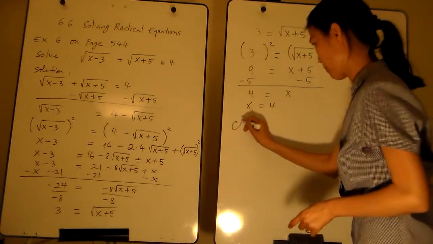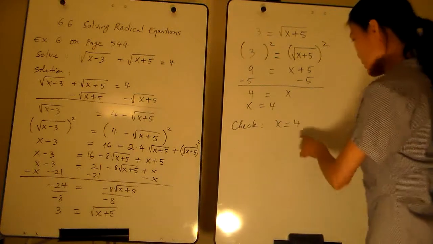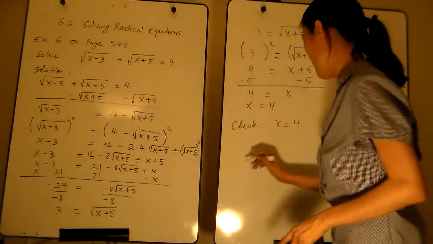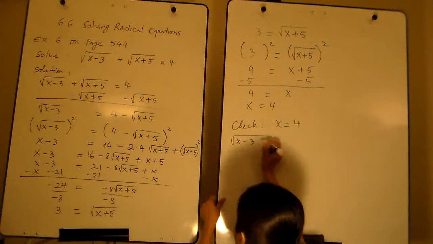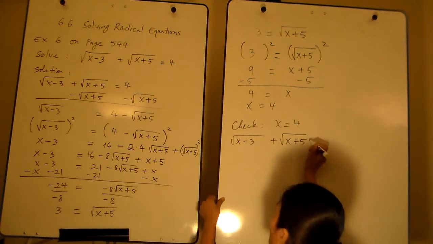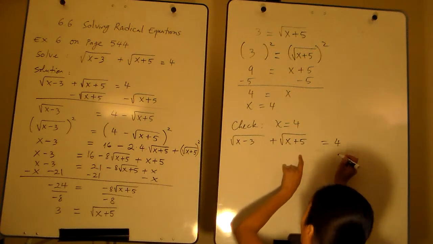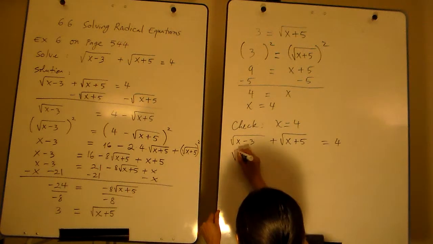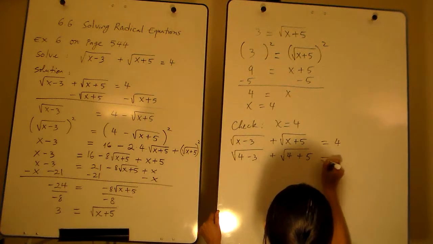Let's check if this is a solution. So x equals 4. I'm going to replace x in this equation: square root of x minus 3 plus square root of x plus 5 equal to 4. So replacing, square root of 4 minus 3 plus square root of 4 plus 5.